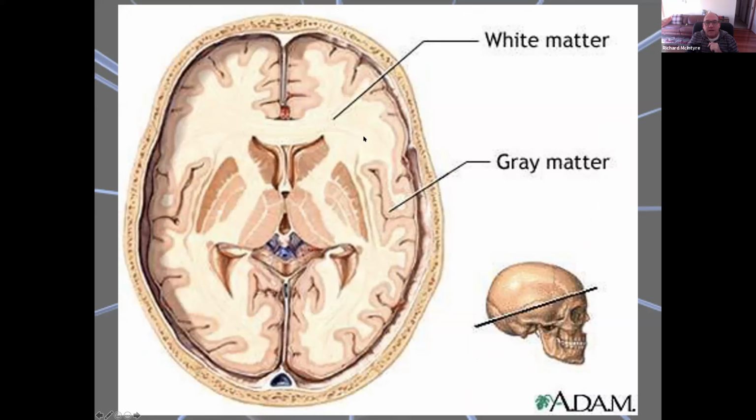And white matter. White matter is primarily composed of nervous tissue. Okay, so we've got our grey matter where we think, and the signals are transferred through the white matter to the different areas in the grey matter. Okay, so that's essentially how the brain works.